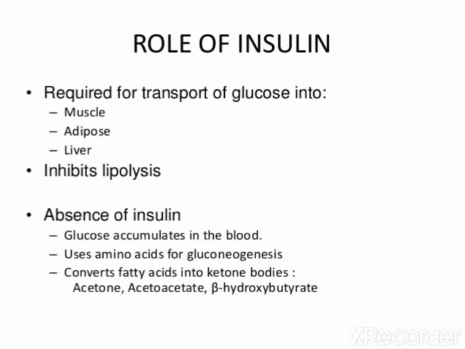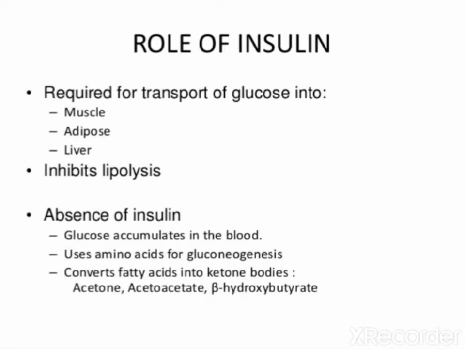So what is the role of insulin? Insulin is required in our body for transport of glucose into muscle, adipose tissue, and liver. Insulin also inhibits lipolysis. When there is absence of insulin in the body, there is glucose accumulation in the blood.